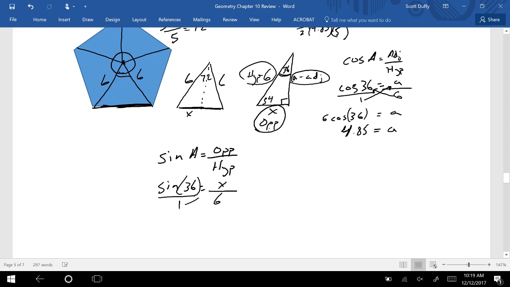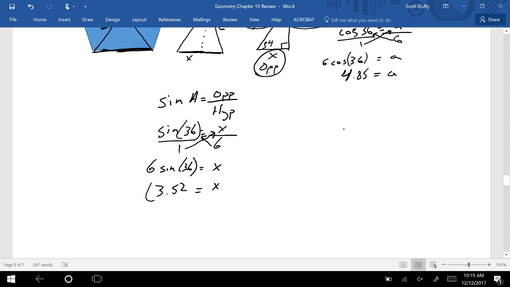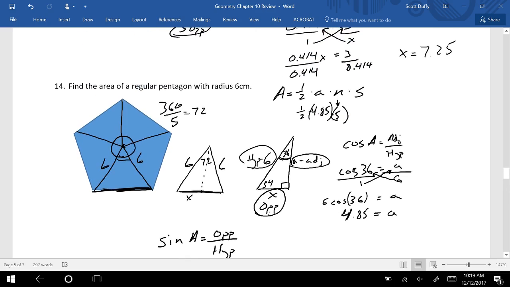This is over 1 so we can cross multiply. 1 times x is x. 6 times the sine of 36 is 6 sine 36. And I get 3.52, but I have to multiply that by 2 to get the full side length, which is 7.05, all the way across.